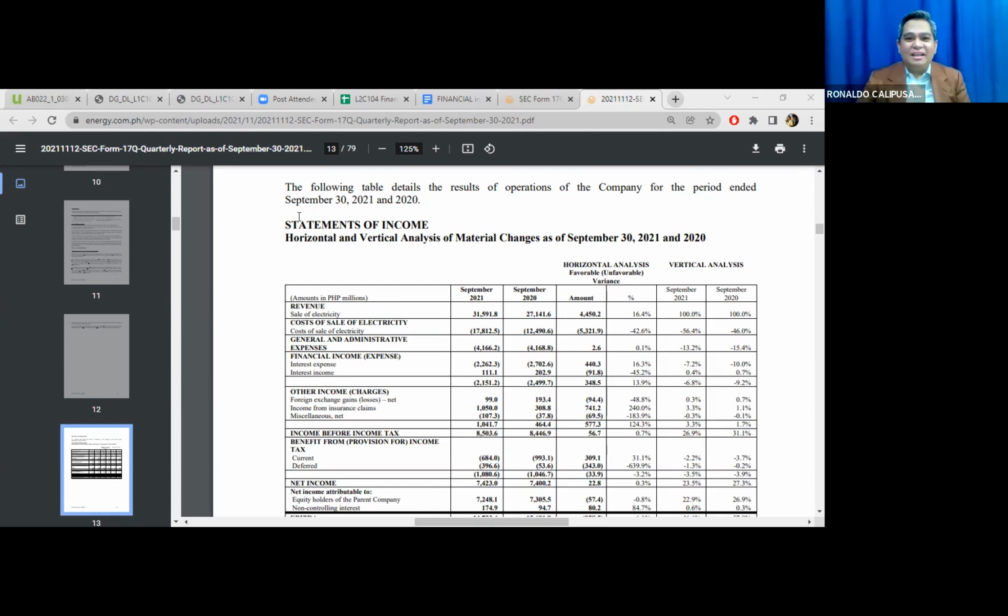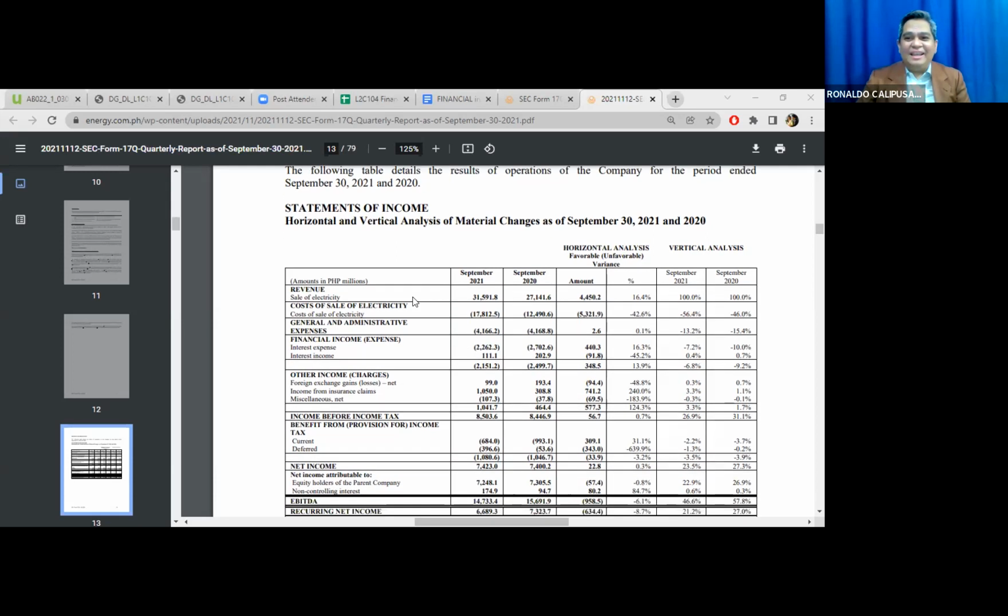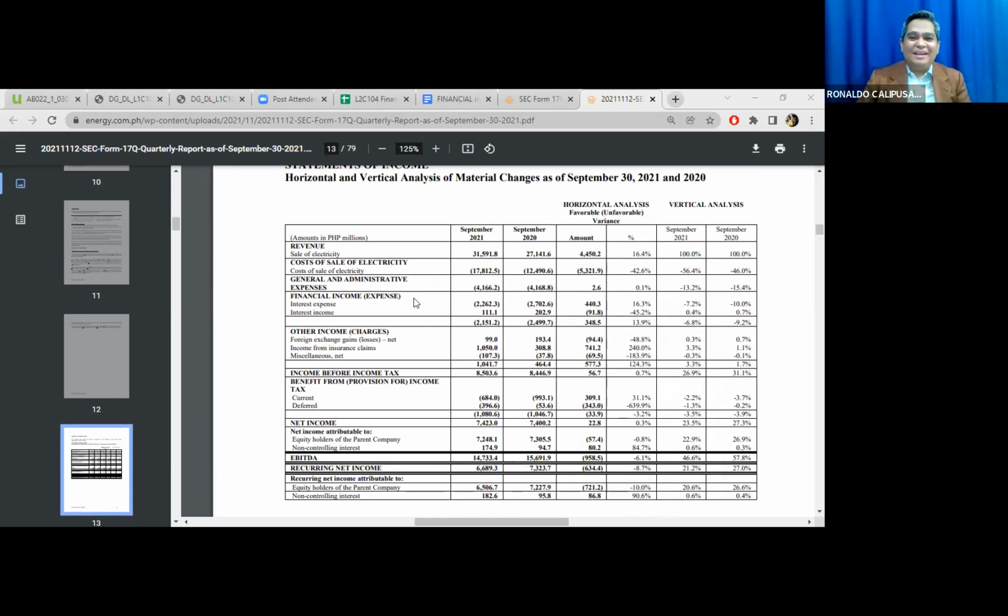So there's the name of the financial statement, statements of income, and what did I tell you in my previous lecture? You will find the revenues and the expenses of the company. In this case, since Energy Development Corporation is engaged in the sale of electricity, their revenue is primarily the sale of electricity.